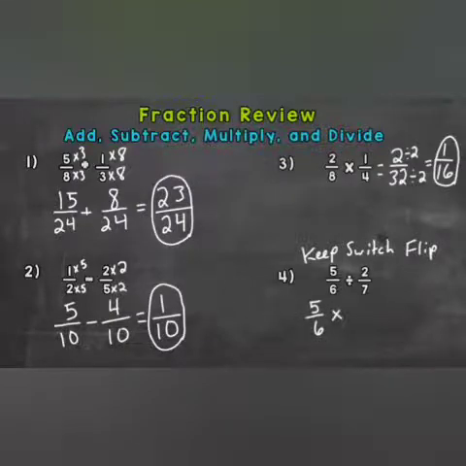And we flip the second fraction. So the 7 is going to be our numerator, and the 2 is going to be the denominator. Keep, switch, flip. 5 times 7 is 35, and 6 times 2 is 12.